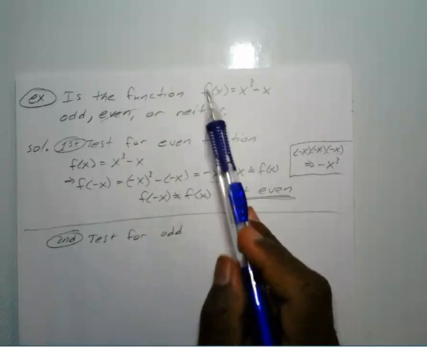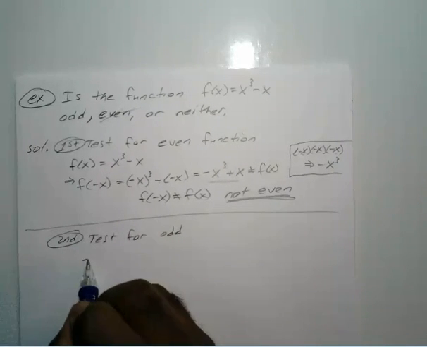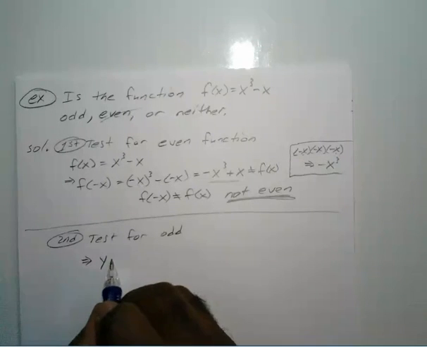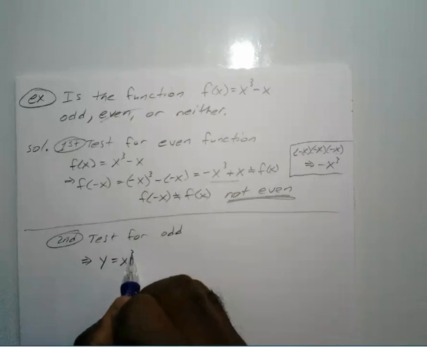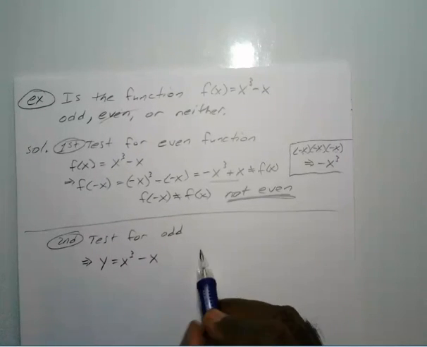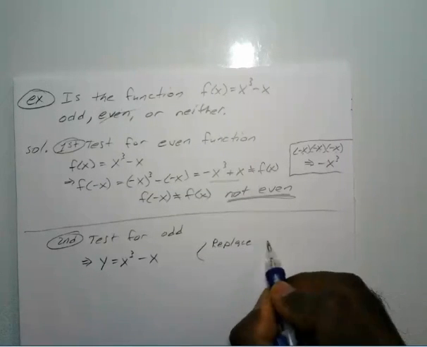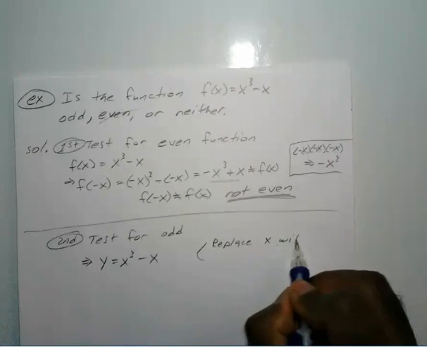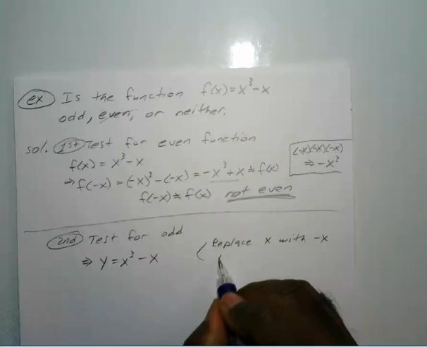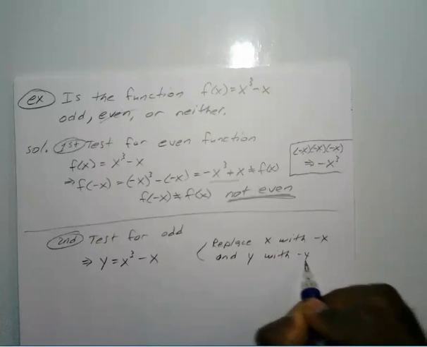Okay, so instead of f of x equals x to the third minus x, we're going to make it y equals x to the third minus x. Now remember, you're going to replace x with negative x and y with negative y.